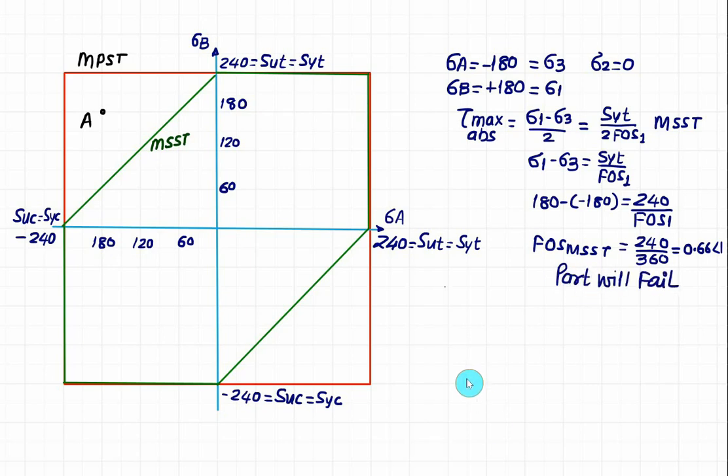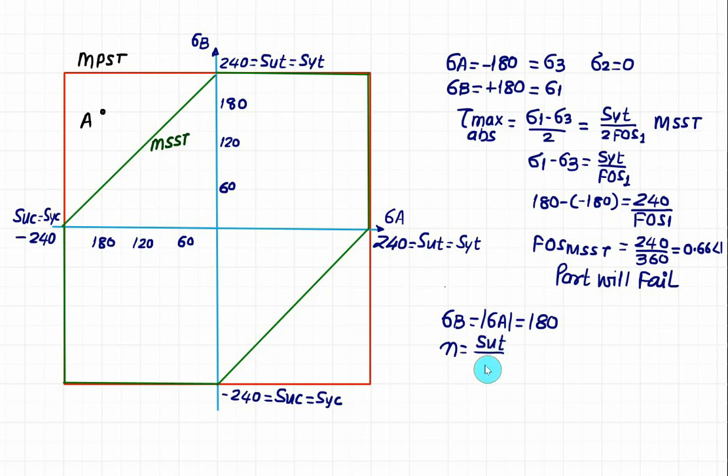But if you apply the condition for MPST, and since the boundary is the same for quadrant 2, in this case sigma A and sigma B both have identical absolute values. So sigma B is equal to the absolute value of sigma A, which is 180 megapascal, and we can write the factor of safety as SUT or SYT divided by the maximum principal stress.